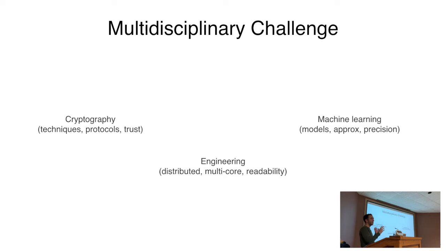Secret sharing is a distributed computation problem, and we want to be able to run this on multi-core architectures, whether it's a CPU, a GPU, or whatever other device you want to run this on, like a mobile phone, with whatever processor it has. It's also a software engineering challenge, because it's incredibly important for the code to be readable and auditable, so that someone can look at the system and say that security and privacy isn't broken anywhere.